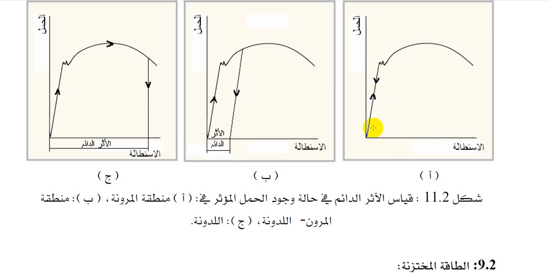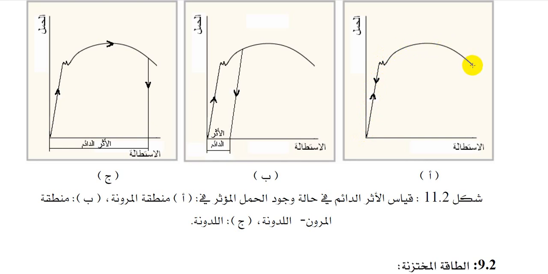As you can see here, the load is applied to the material, and the stress-strain curve is generated from the origin, where the perpendicular, orthogonal axes intersect. Here comes the elastic region, as the stress-strain curve rises until it reaches a certain limit, the upper yield point, and then necking takes place until reaching the ultimate tensile stress.